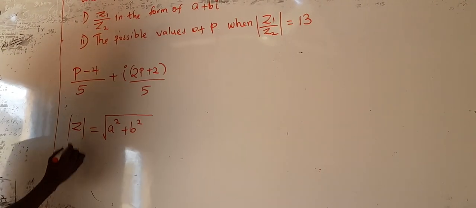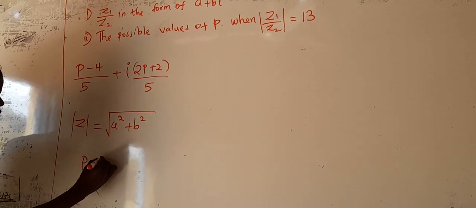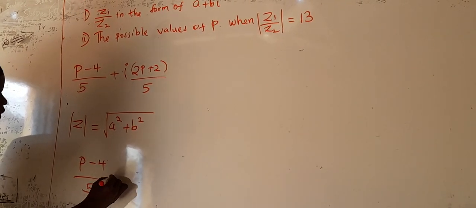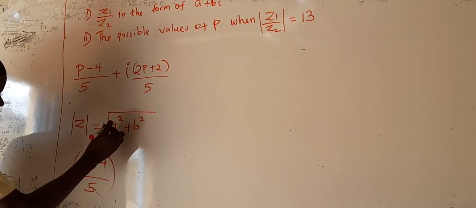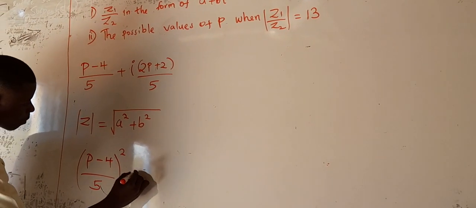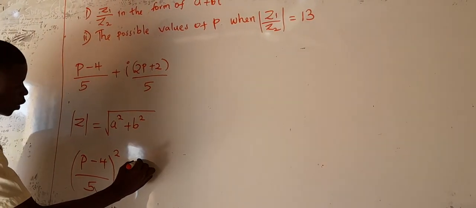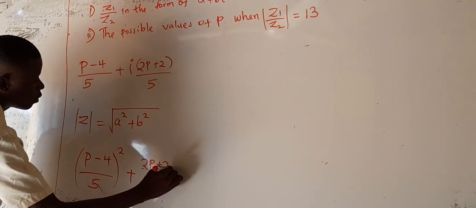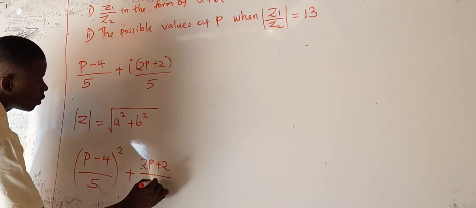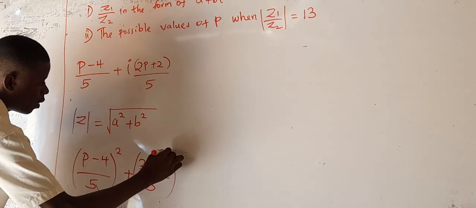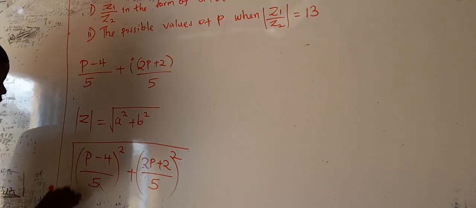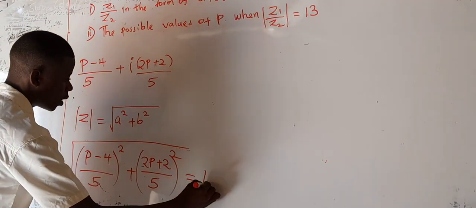So let us write this one here. Our (P minus 4 over 5) squared, that is our A, plus our B, which is (2P plus 2 over 5) squared. When we take the square root, we are going to get 13.